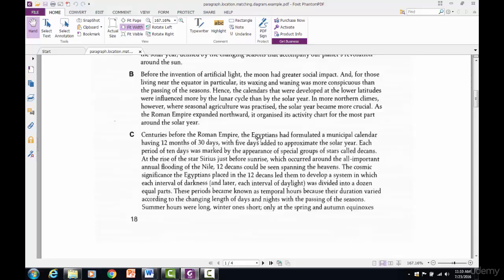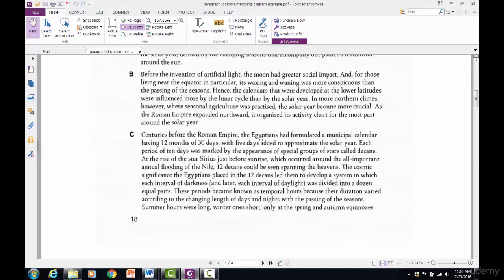All right, so in paragraph C, first sentence: the Egyptians had formulated a municipal calendar having 12 months of 30 days, with 5 days added to the approximate solar year.